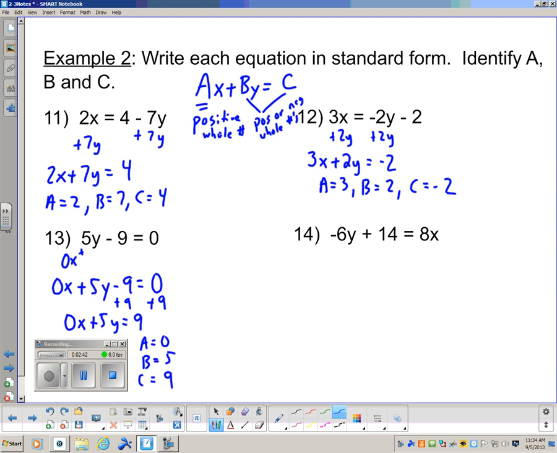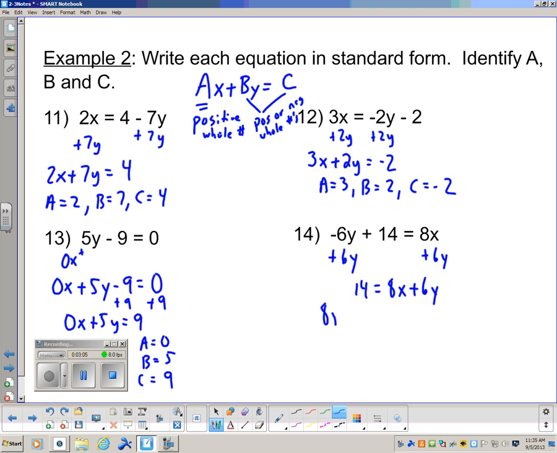And then number 14, I'm going to just go ahead and bring the 6y over here on the right-hand side because it's a positive 8x over here, and that's exactly what I want. So I'm going to bring 6y over. I have to do the opposite of the negative there. I have to add. So I get 14 equals 8x plus 6y. And now I'm just going to rewrite it in the correct direction here.